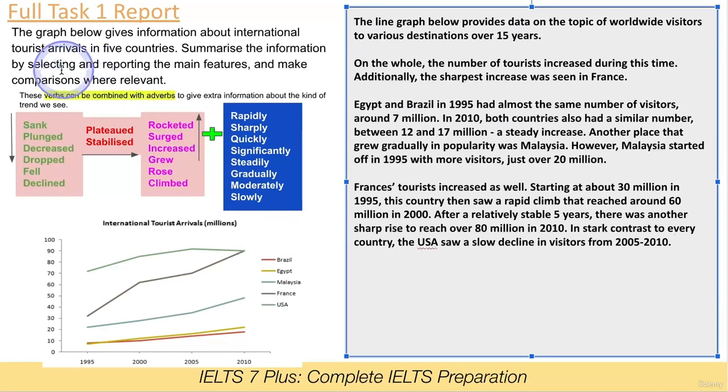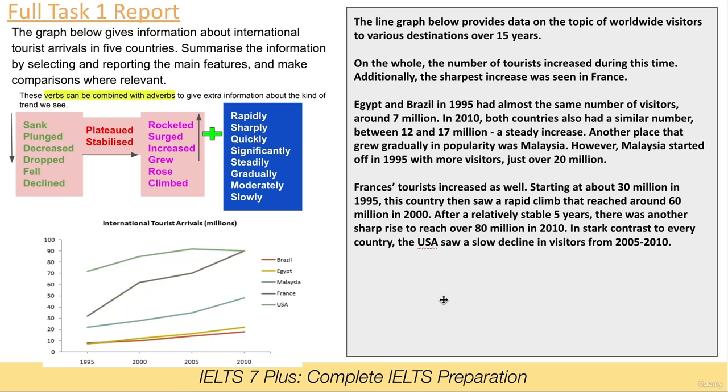Let's look at the question: selected numbers and features of the graph. We've reported and made comparisons between. Okay, and notice that this question we don't need to go into detail as to why. At no point have I said, this might be because, or I think this is due to the fact.